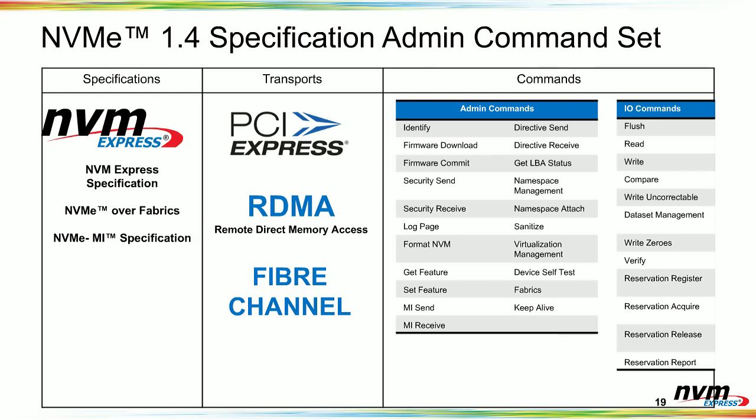Not only Ethernet, but also Fibre Channel, InfiniBand, and a whole new form factor evolution. All those things started coming up, and as a result, the admin commands and NVM commands have started proliferating. More and more information is requested from the drive, so that people can debug and find out useful information.